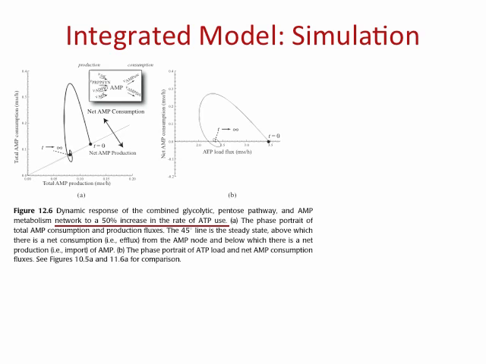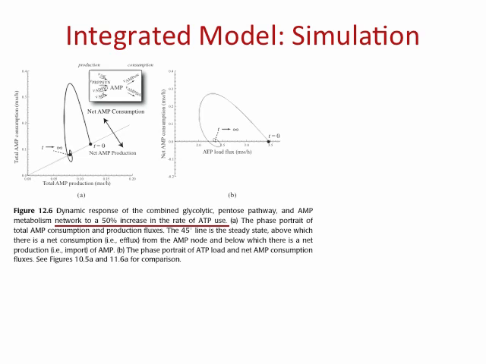So in this case, I have chosen to show the dynamics of AMP as a phase plane of fluxes, where on the x-axis, I've summed up the 4 production fluxes, and on the y-axis, I am showing the consumption fluxes.